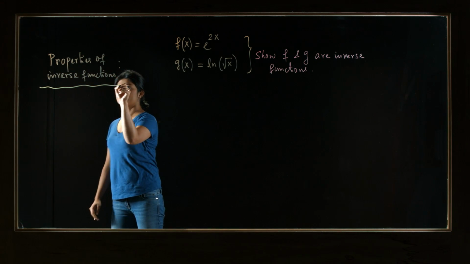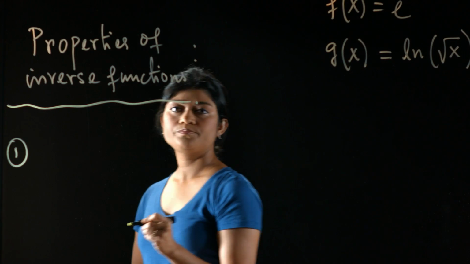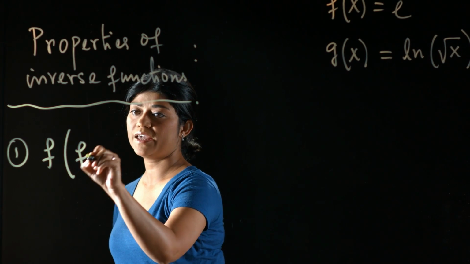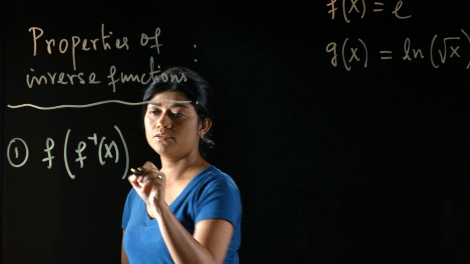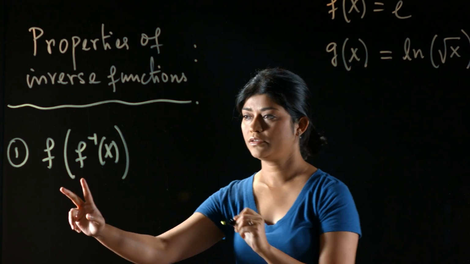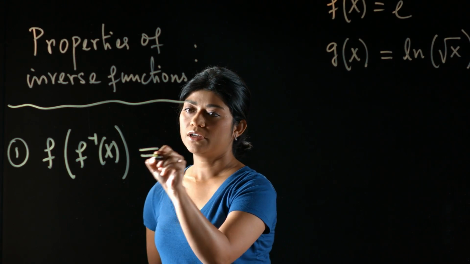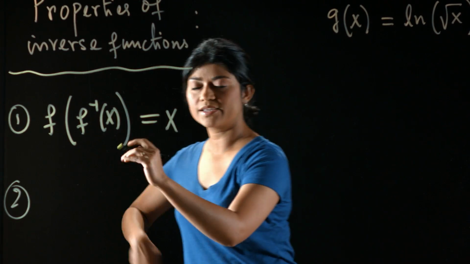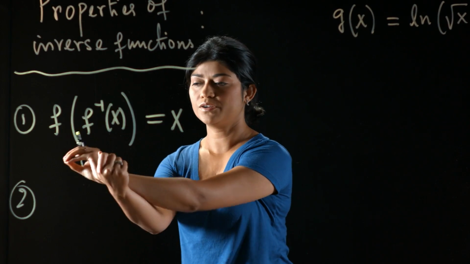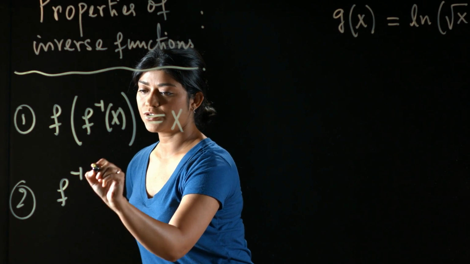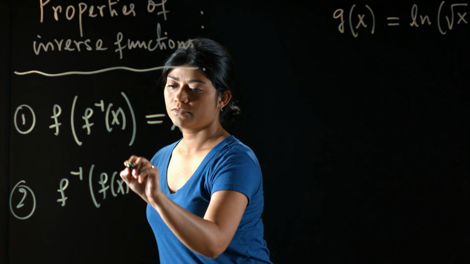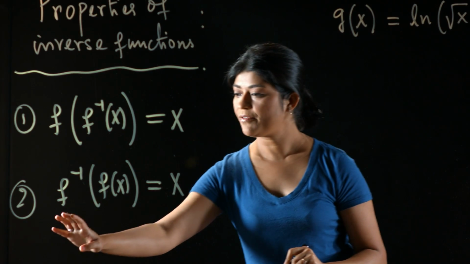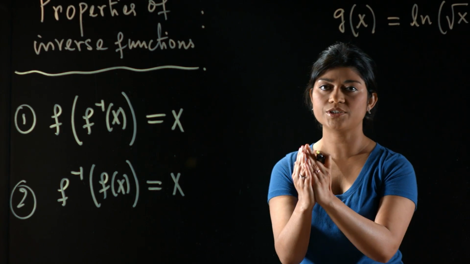The properties are, one, f of f inverse of x equals x, so f and f inverse together cancel each other. The second property is the same thing except f and f inverse are reversed, so f inverse of f of x is also x. Basically, whenever f and f inverse are next to each other, they cancel.